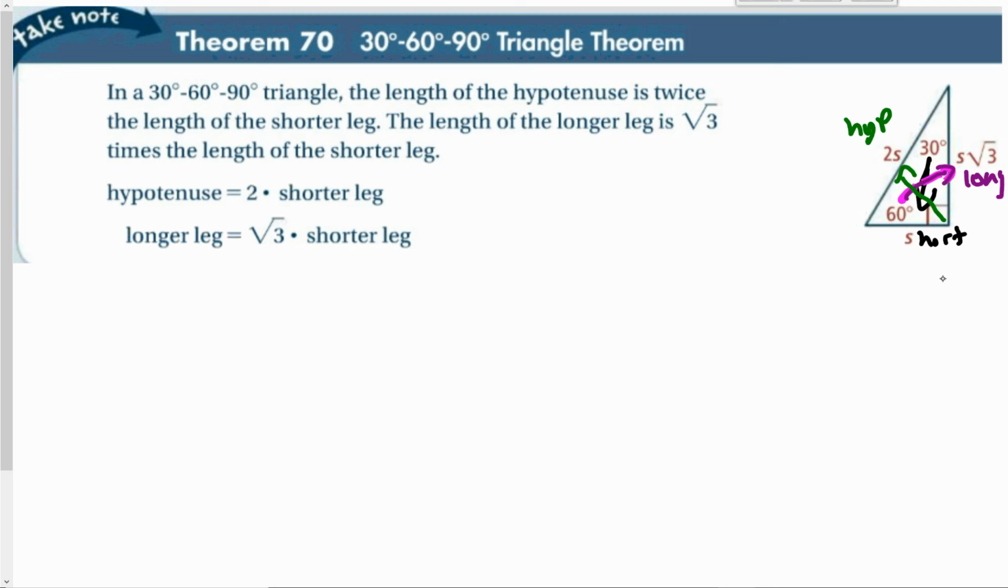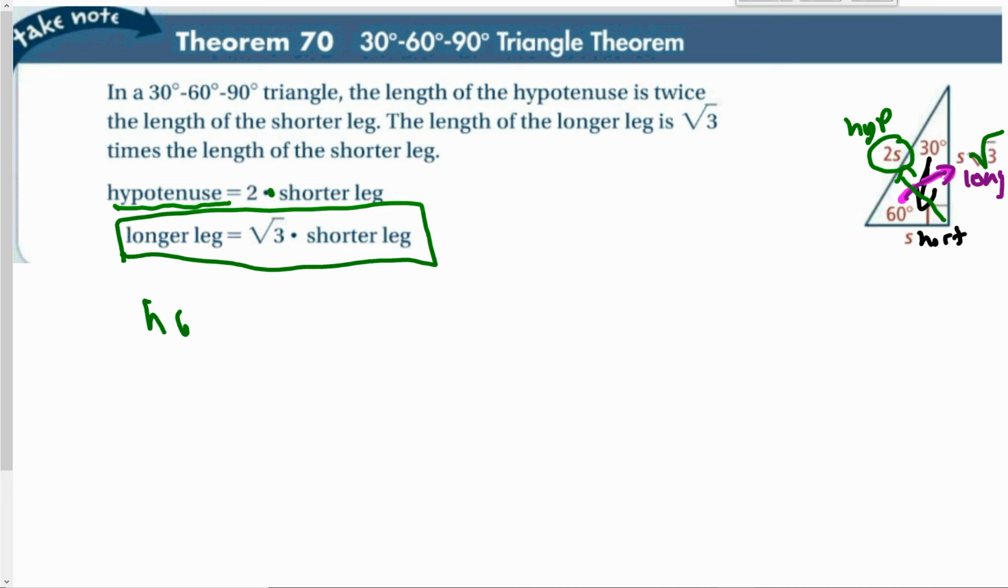So it says they have this special relationship. If I know what the short leg is across from the 30, all I have to do is multiply that by square root 3, and I will get the long leg. If I know the hypotenuse, there's a few different ways to write this.